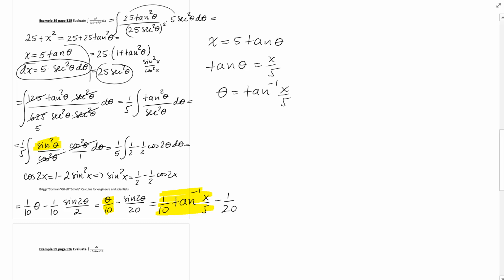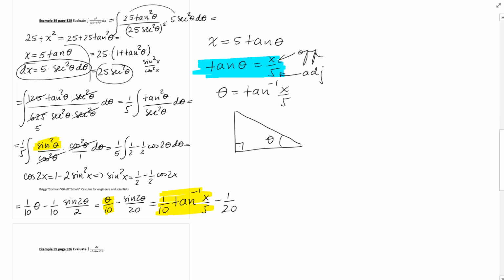So because of this, I'm going to draw a triangle, and here is theta, a right triangle, and this relation tells us that tangent of theta is x over 5. Well, tangent is opposite over adjacent.